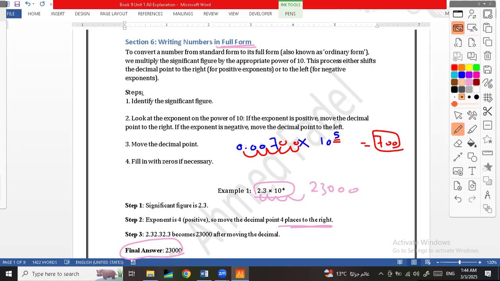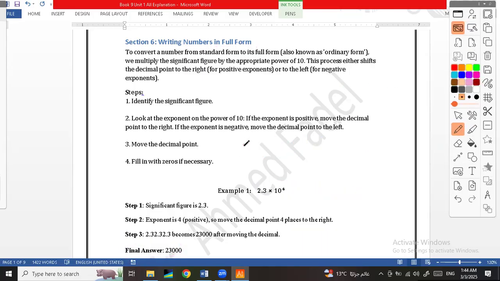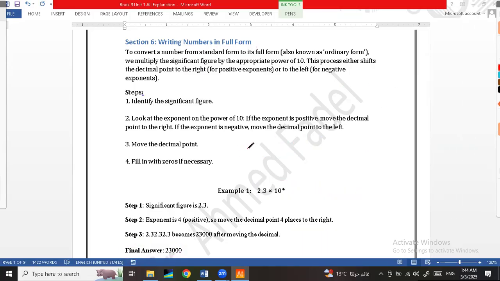The last question here, if I have a negative index, like if I say to you here 2.3, but it's multiplied by 10 to the power of -4, how can I write this in the full form? Very easy. Instead of moving the decimal point to the right, I'm going to actually need to move the decimal point to the left. 1, 2, 3, 4.